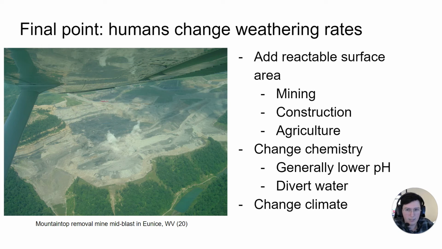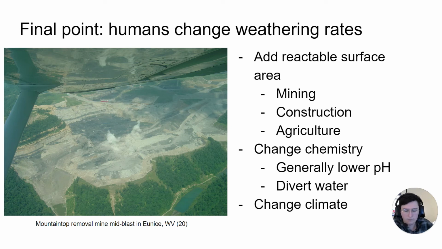We also change the chemistry of our environment. We burn a lot of fossil fuels, and we lower the pH of water and of the environment generally. And we divert water all over the place, so we can put water over areas that had not weathered previously, therefore creating new weathering, essentially.